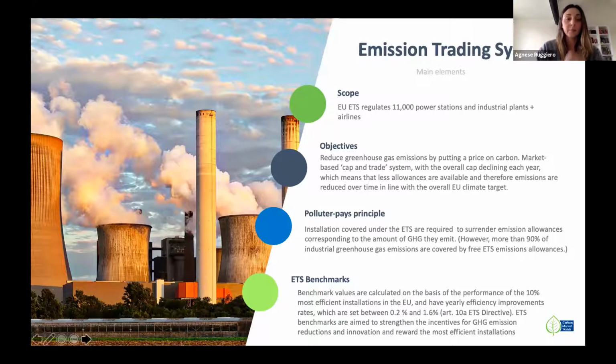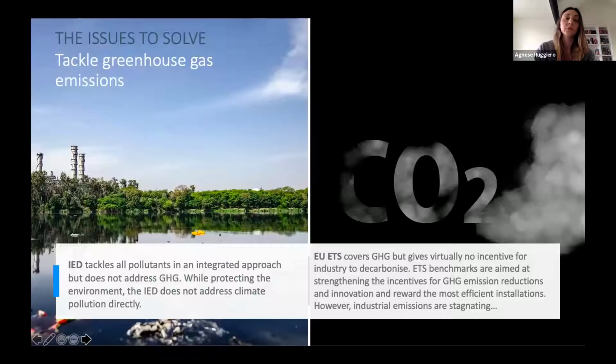And some of the examples that I'm going to show you of emission pathways just in a moment. The issue here is that the Industrial Emissions Directive, on the one hand, tackles all pollutants in an integrated approach, but as we've seen, it does not address greenhouse gas emissions.